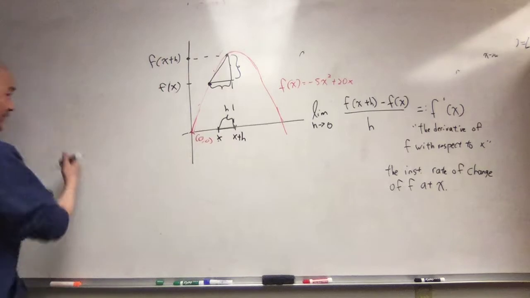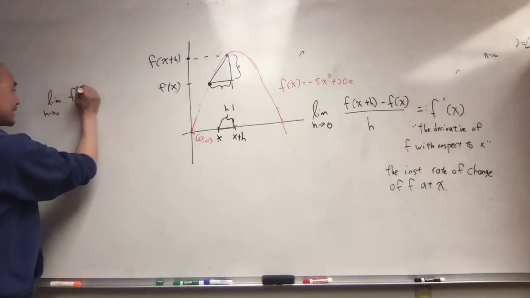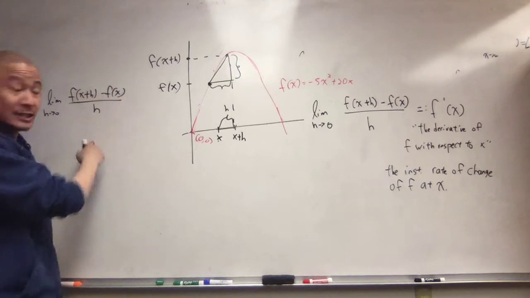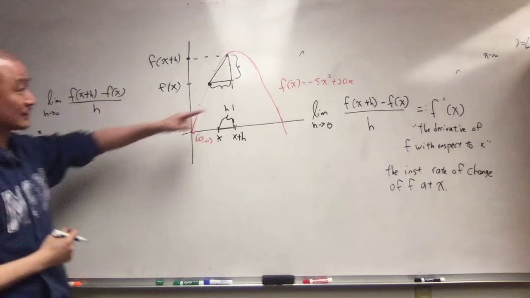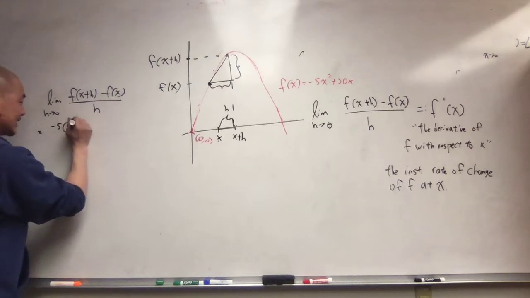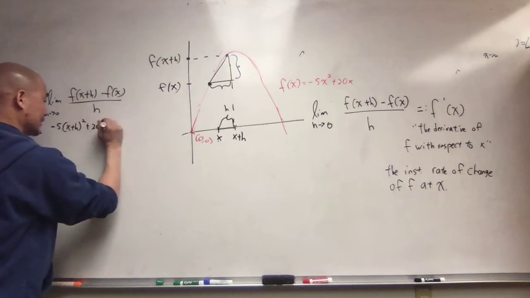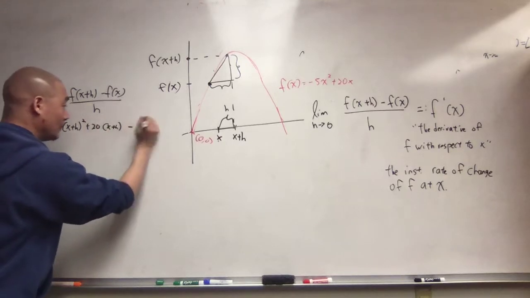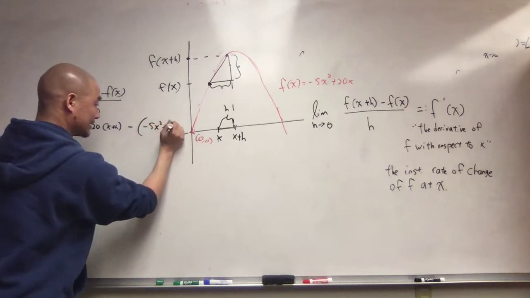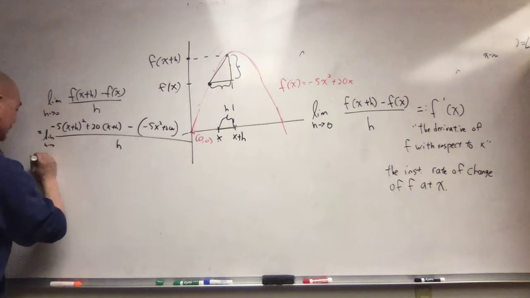In our specific function, the limit as h approaches 0 of f of x plus h minus f of x over h is, well, f of x plus h is minus 5 times (x plus h) squared plus 20 times (x plus h), from which we're going to subtract f of x, minus 5x squared plus 20x. And this is all over h, and we're taking the limit as h approaches 0.